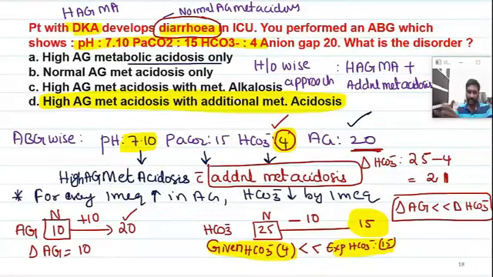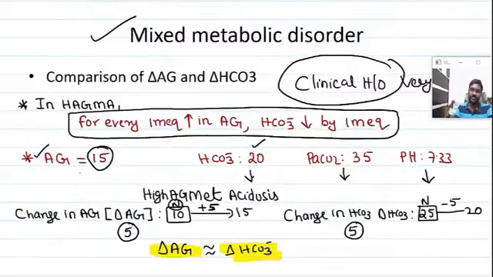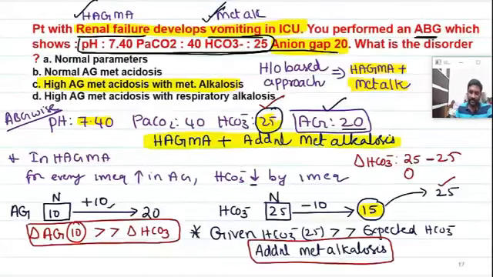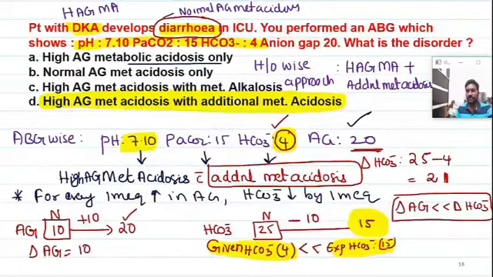This delta anion gap and delta bicarbonate may be a bit confusing, but if you know the concept, in an isolated high anion gap metabolic acidosis, the delta anion gap and delta bicarbonate will be correlating. If there is an additional metabolic alkalosis, delta anion gap will be very much higher when compared to delta bicarbonate. If there is additional metabolic acidosis, delta anion gap will be very much less than delta bicarbonate.